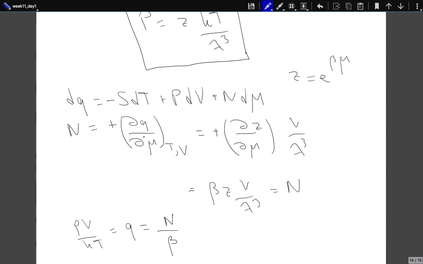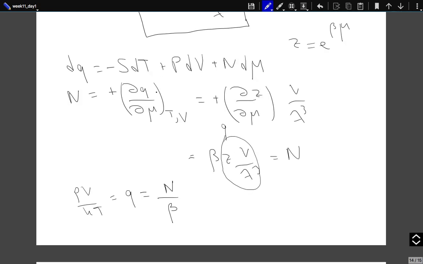You see, when I take the derivative of Q with respect to mu, I get Q multiplied with beta, which is n. So n over beta is also Q.